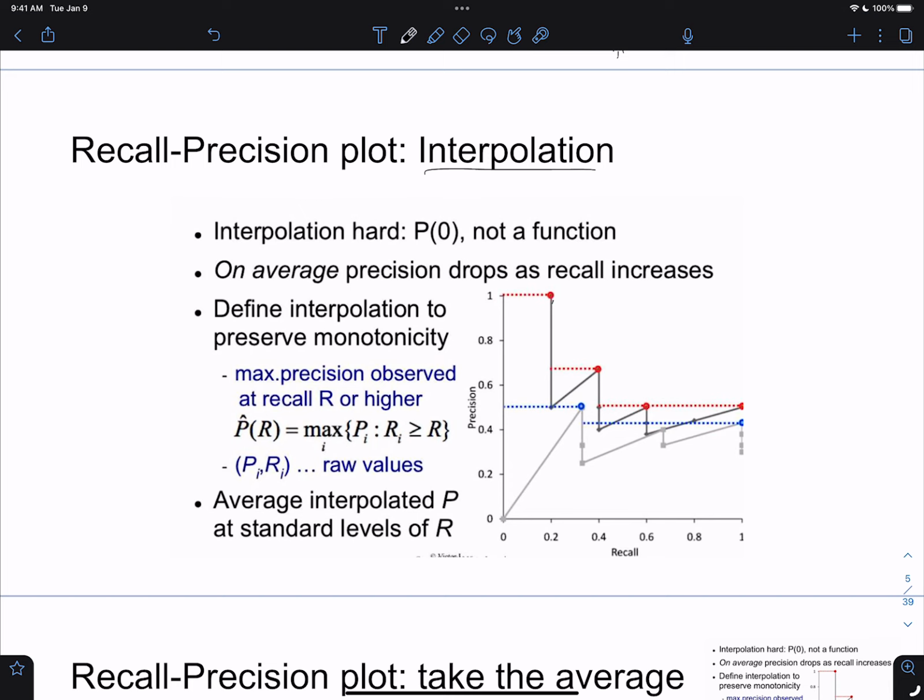So if your recall level is at 20%, 0.2, and you want to measure the precision at this point, we can see that it's about 50%. But instead of 50% for that recall, we will look to the right and look at the highest precision. If you look to the right, the highest precision at that point is about 66%. So you're going to use that for your entire range.